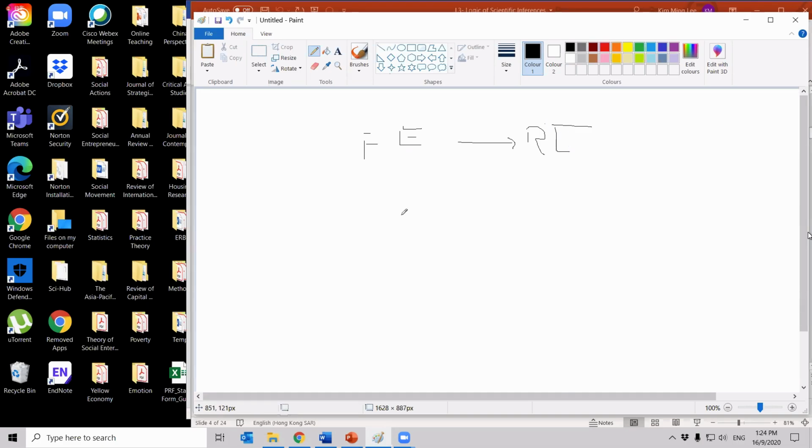Okay, so this is our theoretical statement. But indeed, this is only in abstract form. We didn't measure it. So how can we measure it? So we turn to our operational definition.